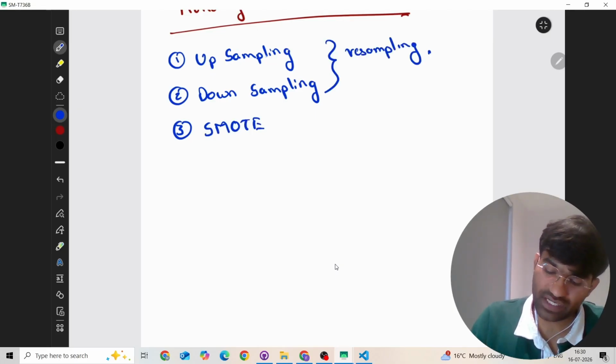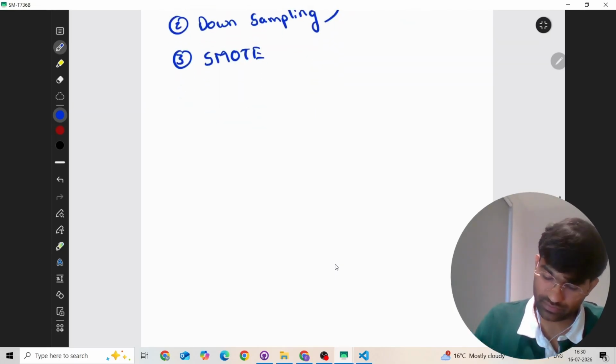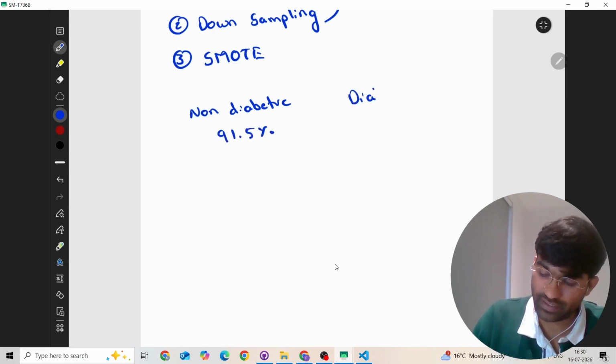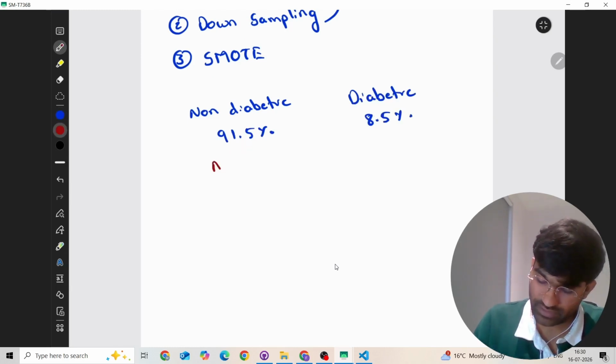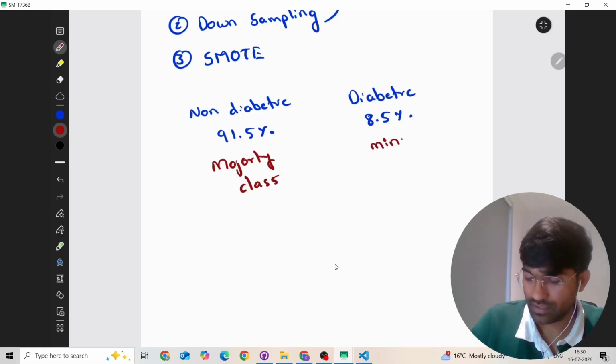In our data, non-diabetic has more, 91.5%, and diabetic is 8.5%. So this is the majority class and this is the minority class.